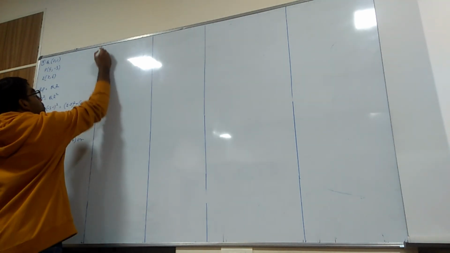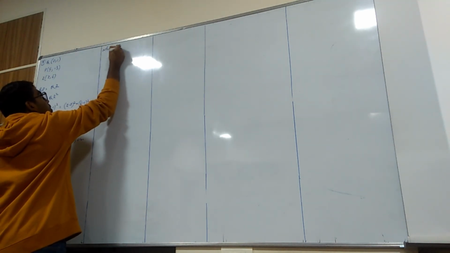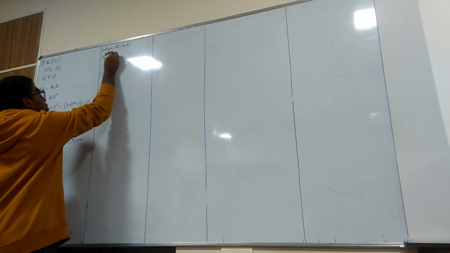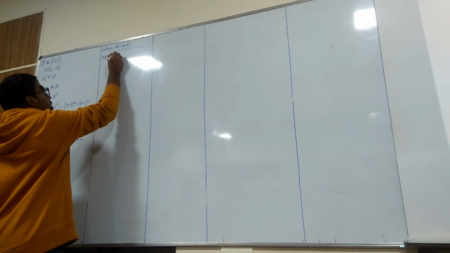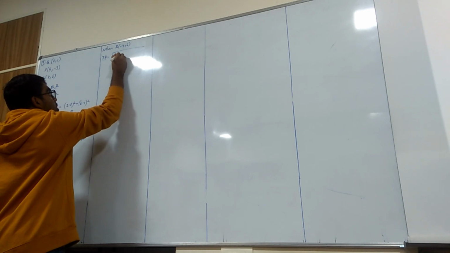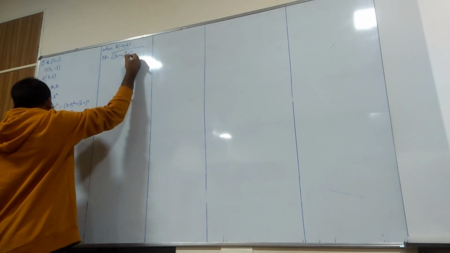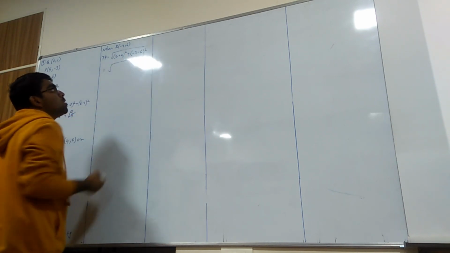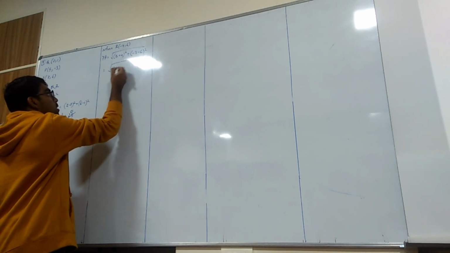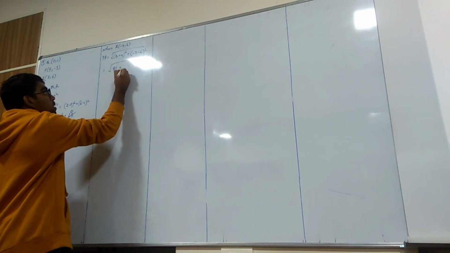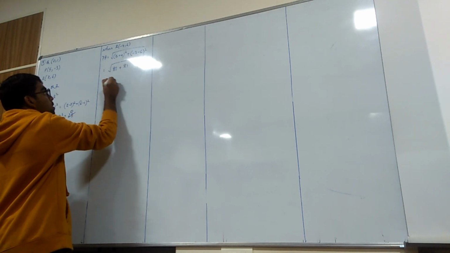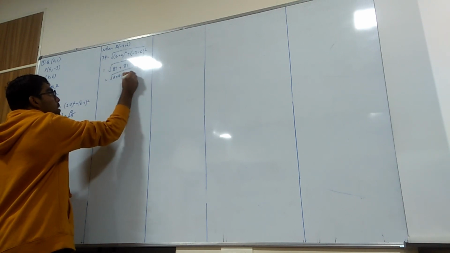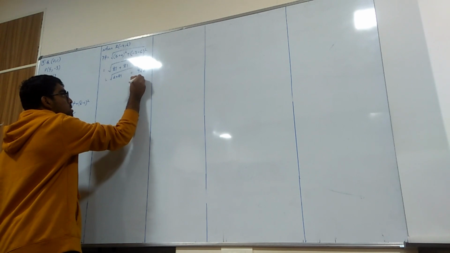When R is equal to (-4,6), what happens? What happens to PR? It is equal to root of (5 minus of minus 4, which is plus 4) the whole square plus (-3 minus 6) the whole square. 5 plus 4 is 9, square is 81. -3 minus 6 is -9, square is 81. So what will it be? 2 into 81, 81 is 9, so 9 root 2 units.